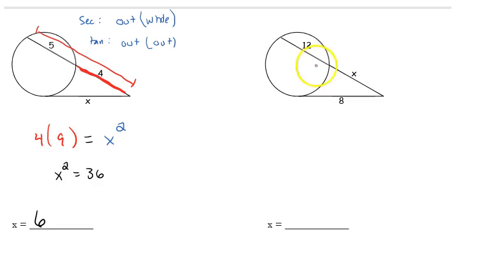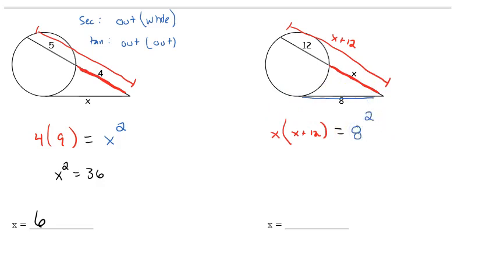And then this next example is going to be very similar. Outside, which is x, times the whole thing. Again, be careful here. It's not 12x. It's x plus 12 or 12 plus x. I like to write the variable first. And that will be equal to the entire tangent, which is 8 squared.